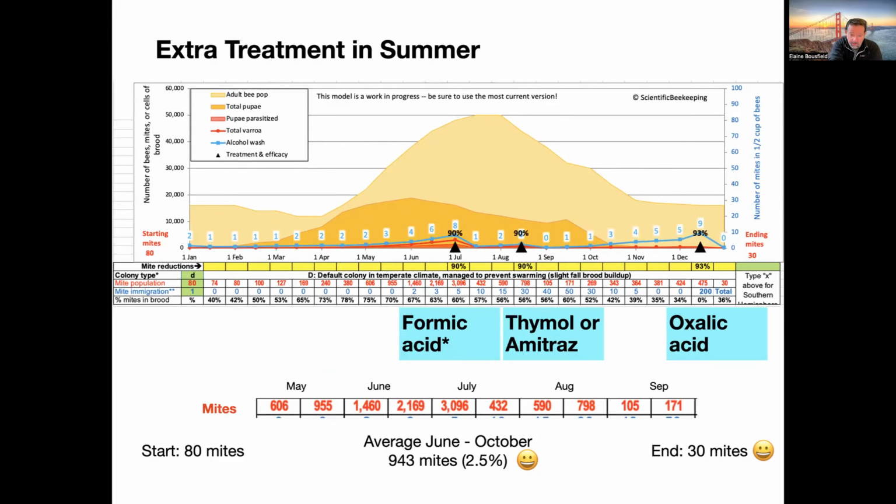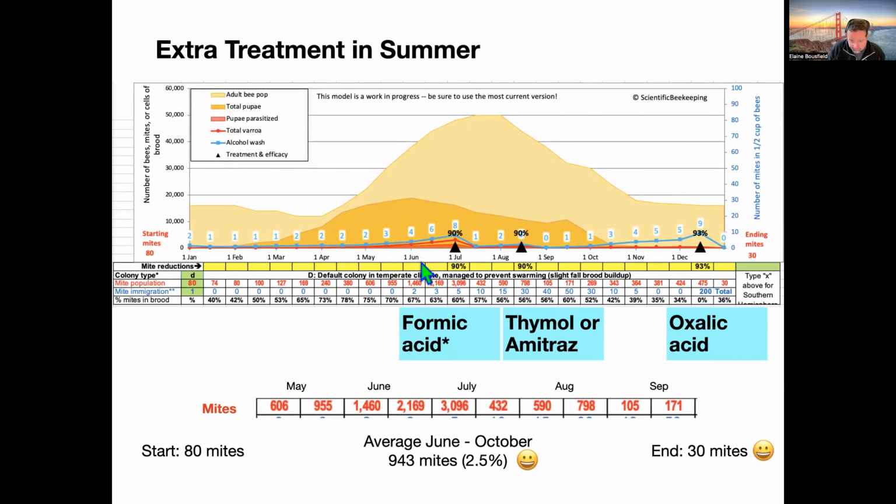This is more what I do. What I do is, as I said before, I do the alcohol wash in June, and then I can see. What normally happens is, if I've done the oxalic acid the previous season, if I've done that properly, and when they're broodless, then when I do my alcohol wash in June, they've only got kind of 2 mites per 300 bees. 1, 2, 3.